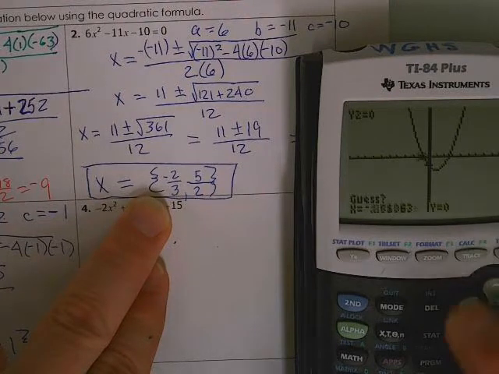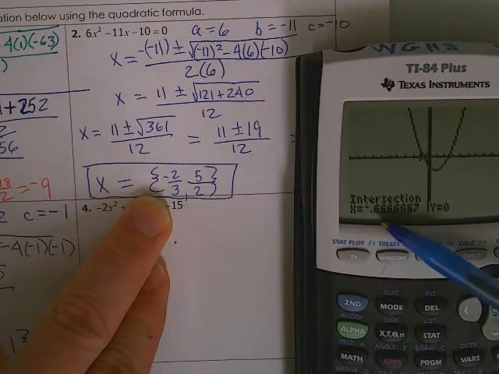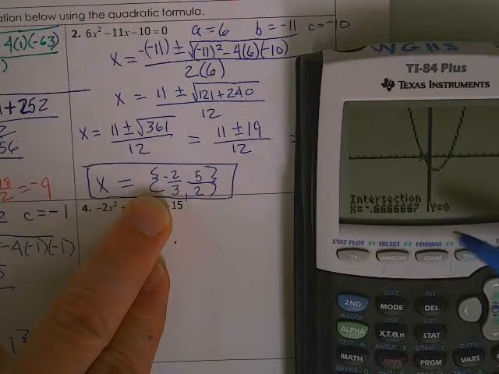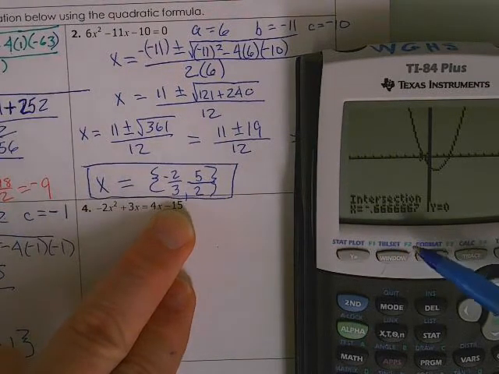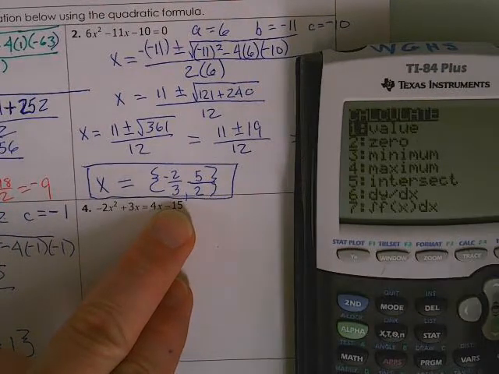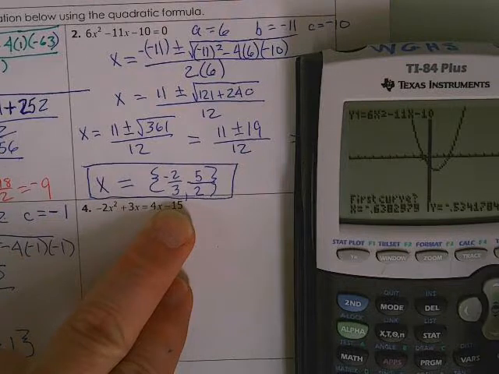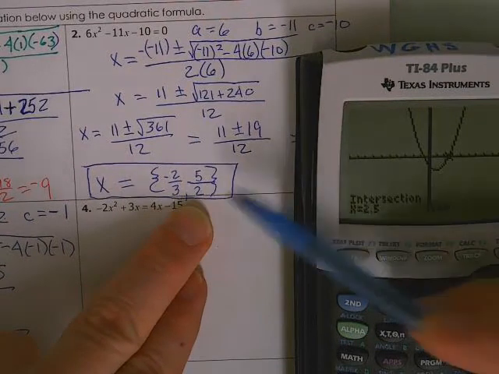We move our cursor as close as we can to the intersection, and it tells us negative 0.6666667, which we all know is equal to 2/3. So negative 2/3, that matches here. If we do that again and go to the other point where it crosses, we end up with 2.5, which is 5/2.